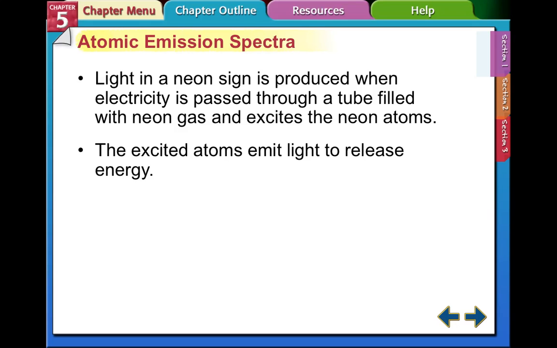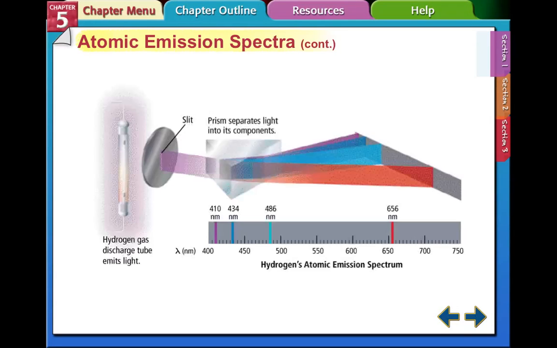Specifically, we are looking at number 10, neon. What happens when you put electricity through those elements is they light up in different colors. Okay, so light in a neon sign is produced when electricity is passed through a tube filled with neon gas. That electricity excites the electrons and they start jumping around. When they start jumping around, they give off light.